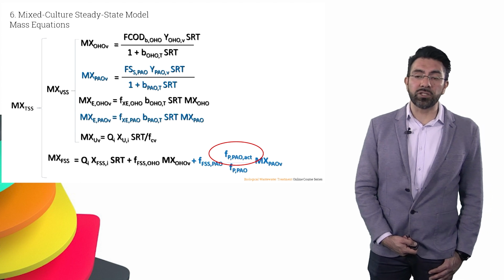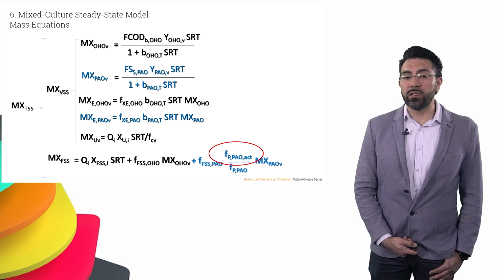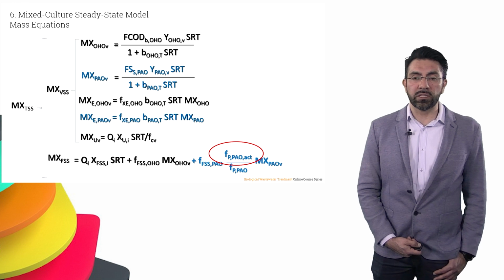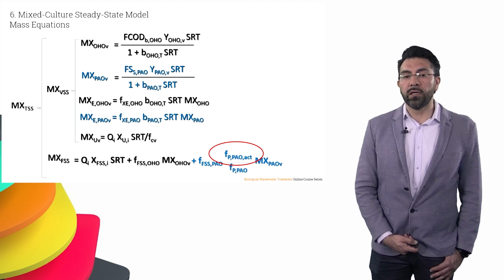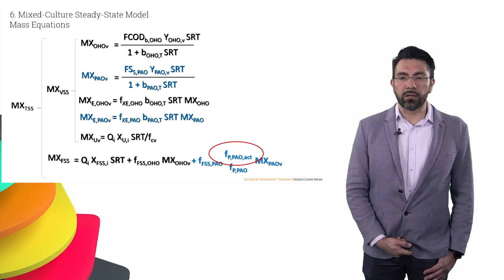So by estimating that fraction, we now have all the required elements to estimate not only the VSS, but also the FSS or inorganic suspended solids in our plant. And we are now in a position to estimate the total mass of solids that the EBPR system will accumulate.